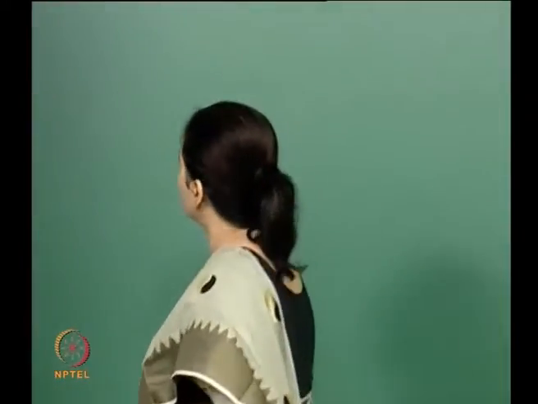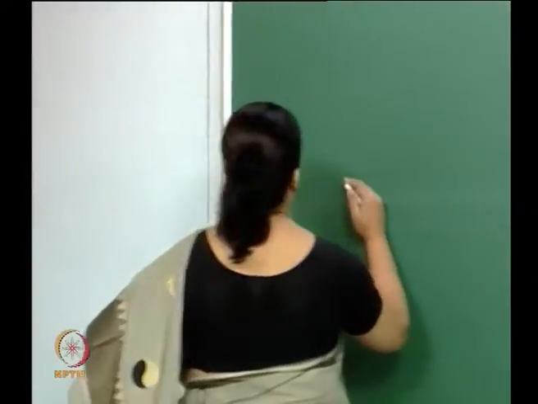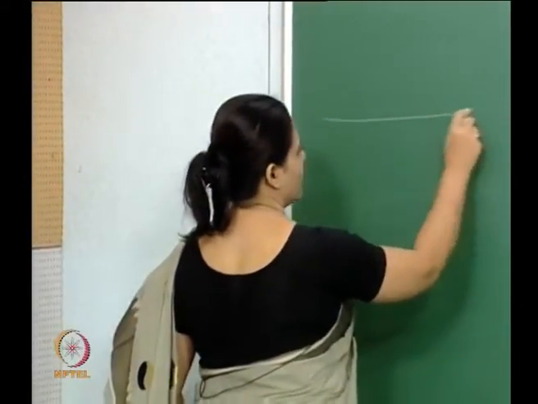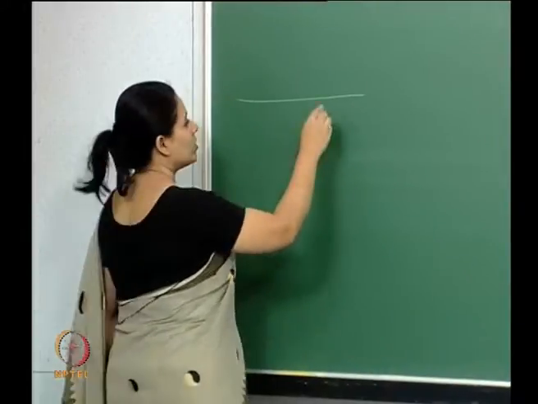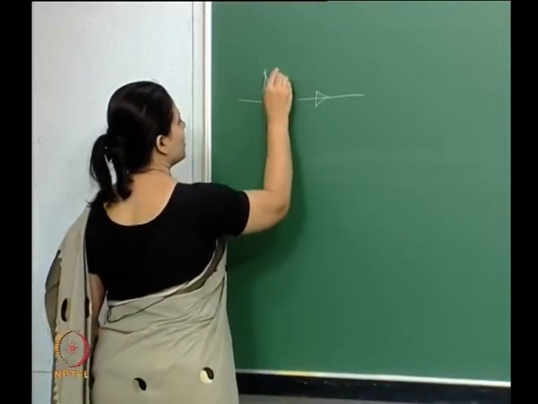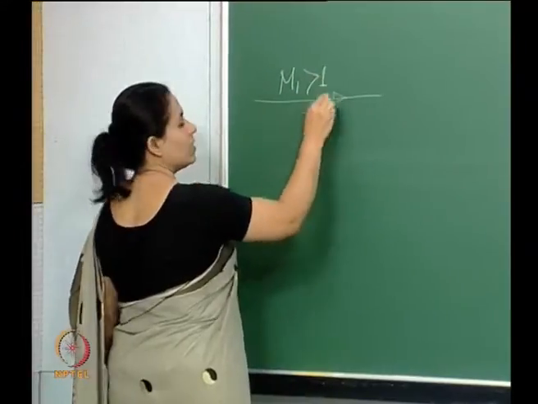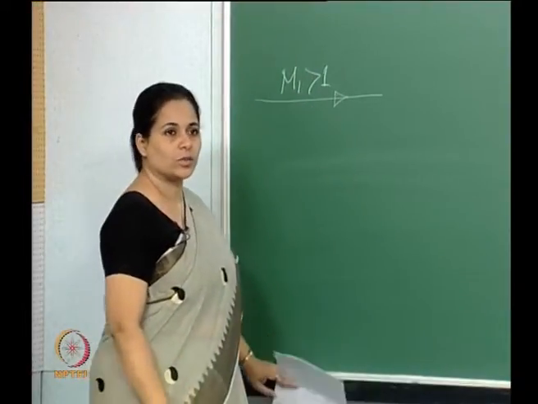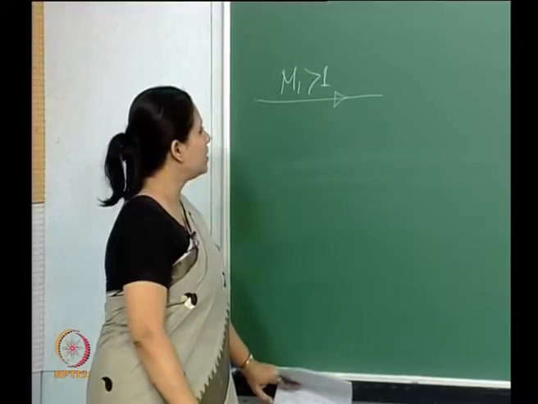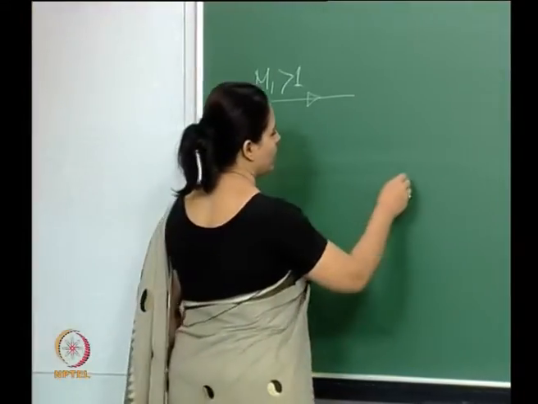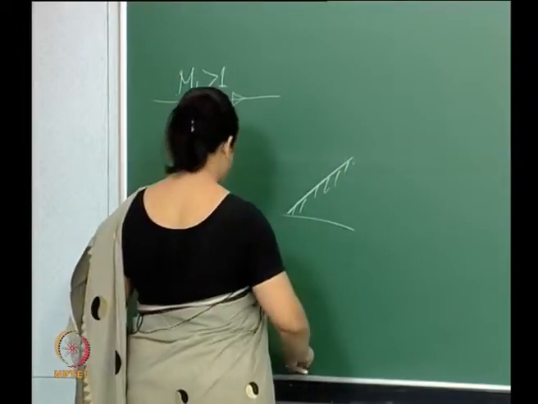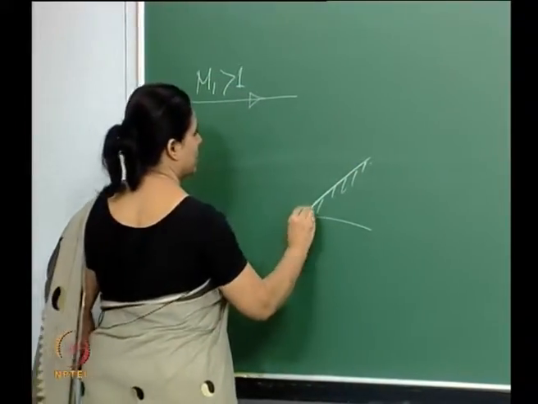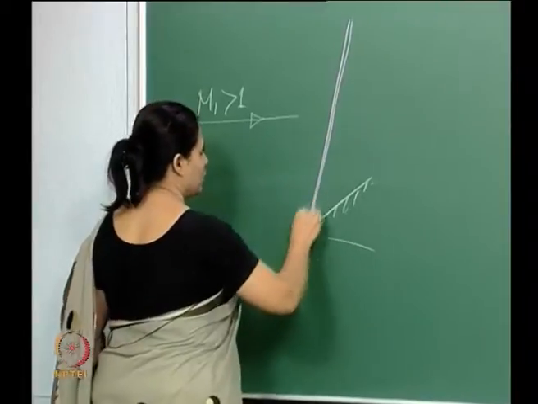So let's begin. Now, what we've done so far is this: if you have, say, a supersonic flow, and then you have an obstacle like that, a compression corner like that, there are shock waves.